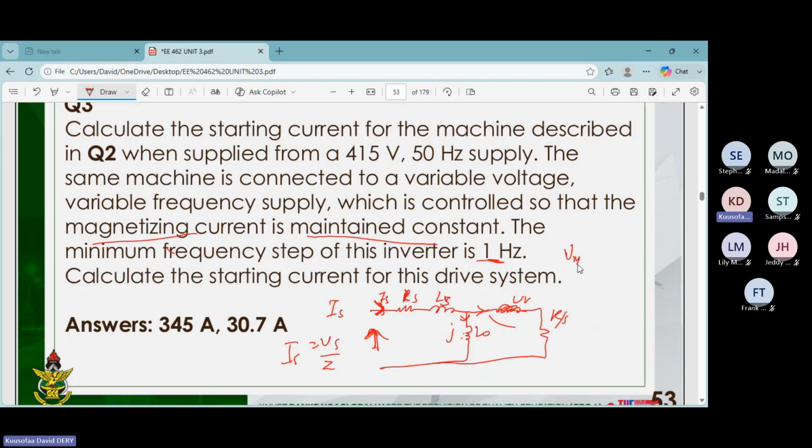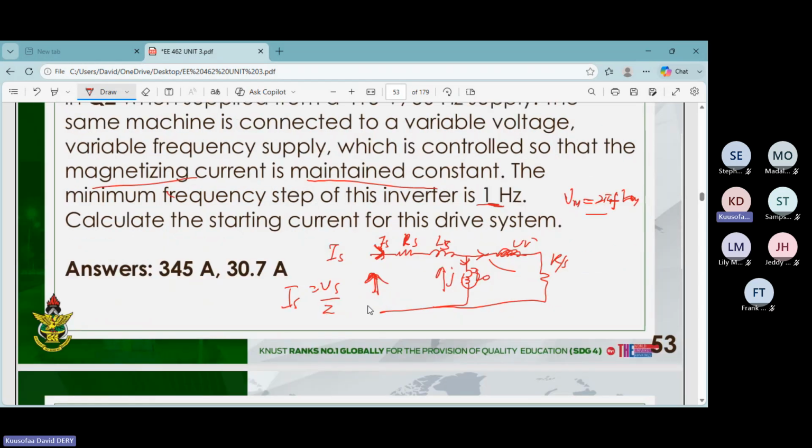That means the voltage here is Vm, which will be 2 pi times the frequency times Lm. Since the frequency is 1, and we know Lm and 2 pi, we can get the voltage here, and then calculate the current here. We can equally calculate the current in the other branch, and then IS will be the vector sum of both. We can use that to get the magnitude of IS. That is just how we go about it.